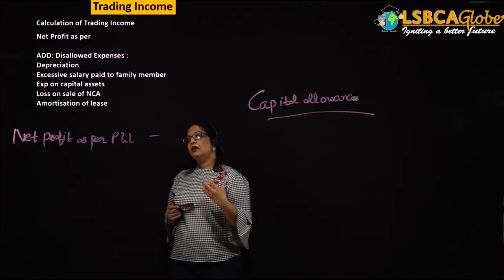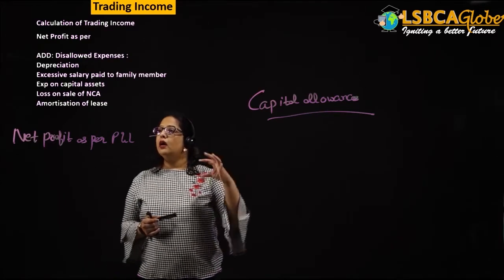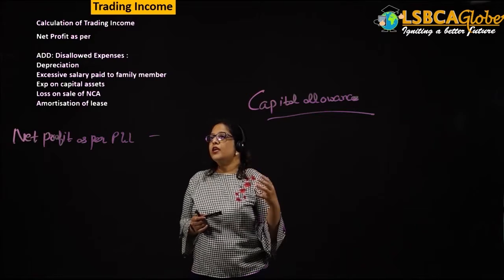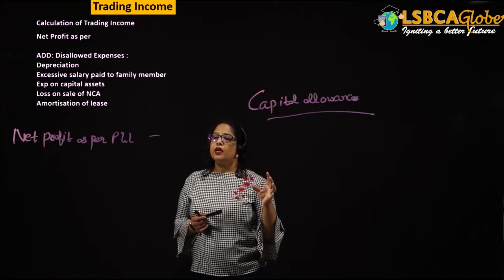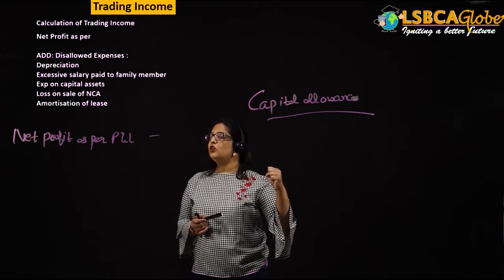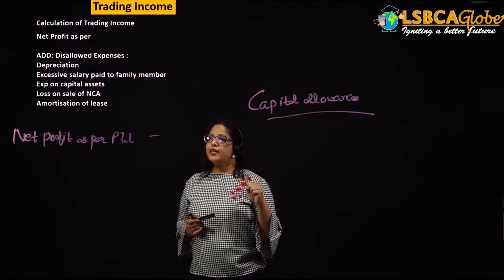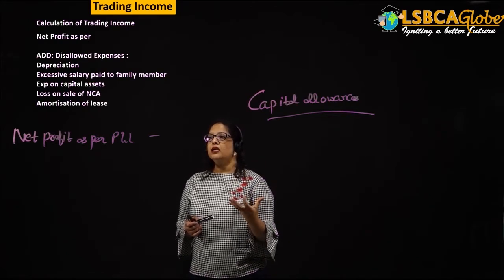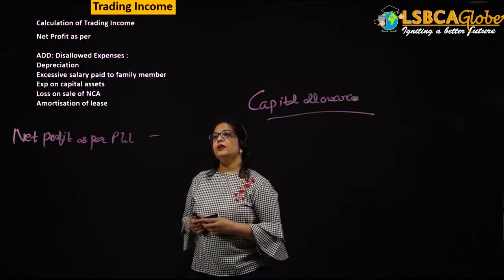Example: a husband and wife are running a company. The husband has appointed the wife as a sales director and is paying her 18,000. But the normal salary payable to a sales director is 12,000. It means the excessive 6,000 is to be added back.